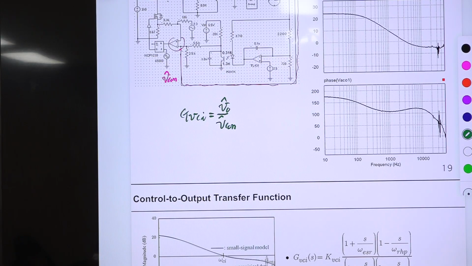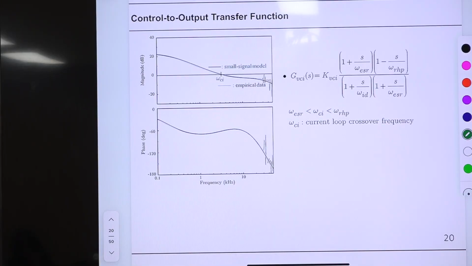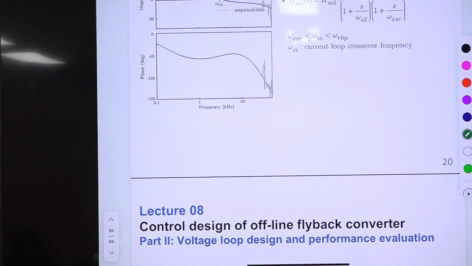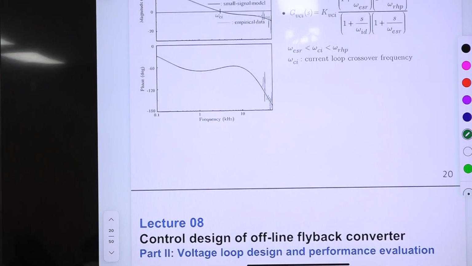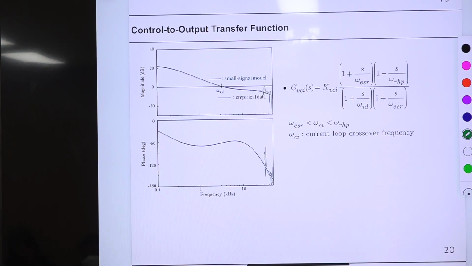It is more than enough for almost all practical cases. So this is confirmed. The control to output transfer function is also confirmed here. Okay, so the next step is... this is maybe the end of lecture 7.